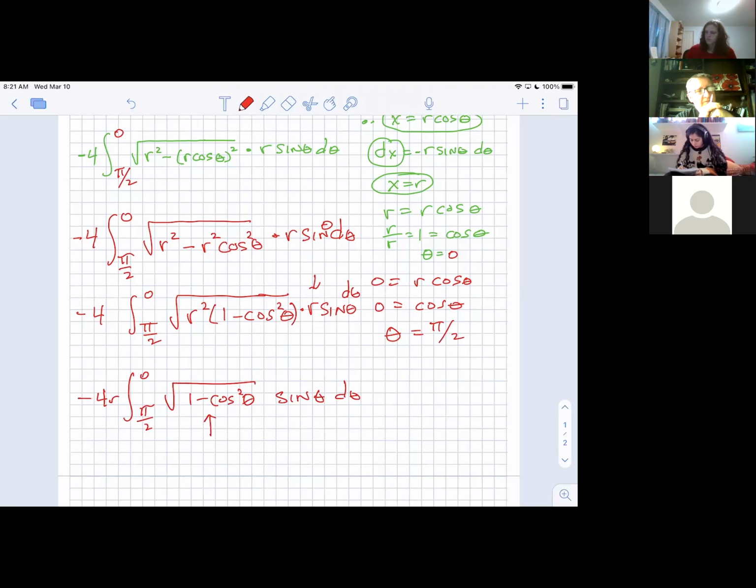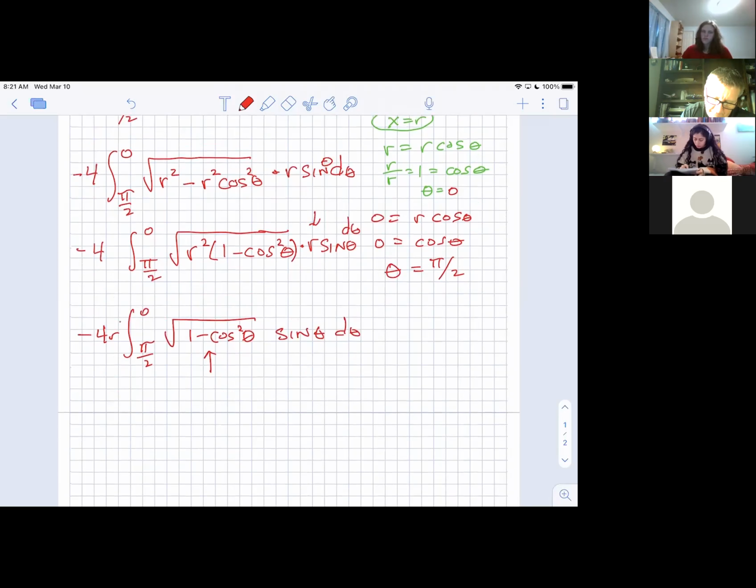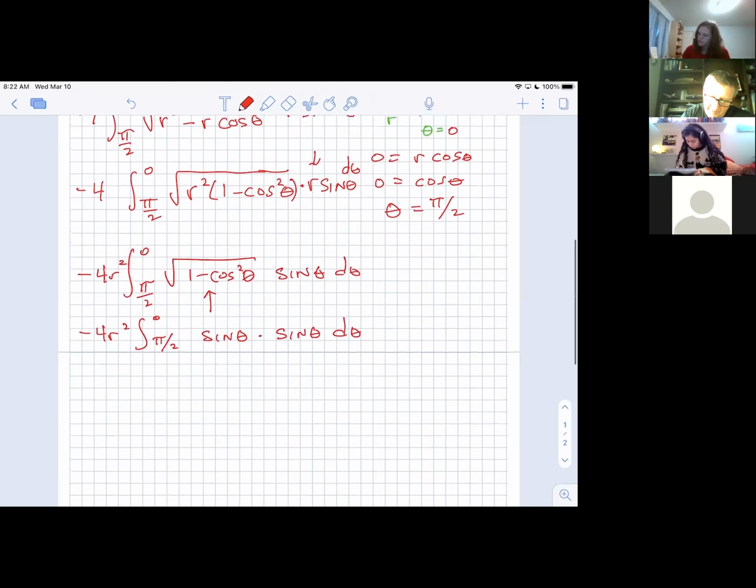And by that substitution, we were able to replace that not with two terms, 1 and cosine squared subtracted, but just sine squared. And now you can take the square root of sine squared and you get sine. That is amazing. That was an r squared out front. So negative 4r squared. So this is now just the sine of theta, and there's another sine of theta. And so it actually is getting better.